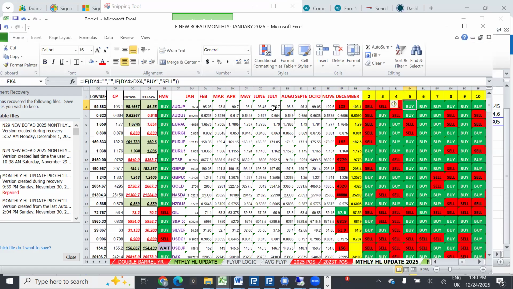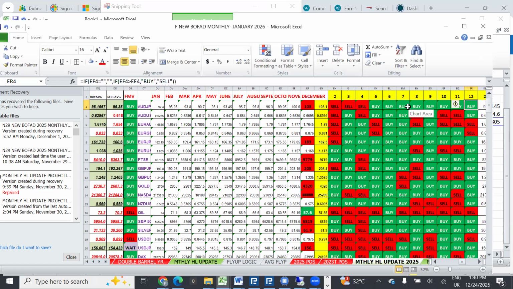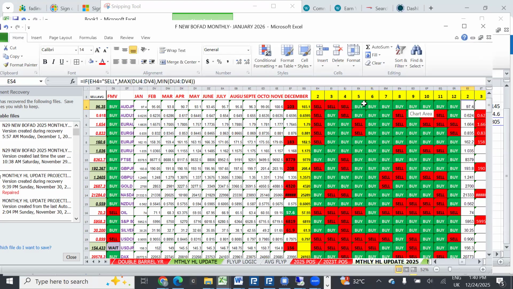You can see here for AUDJPY, it was initially sell, which means we sold from 97.4 to 90.7, and from 90.7, the market became a buy until now. From 90.7, the market never went down. It was an uptrend. Look at gold. Gold was buy from 2,700. There was a time it came down just once, but the sell didn't reach the 2,700. So at the end of the day, it still continued further as a buy.